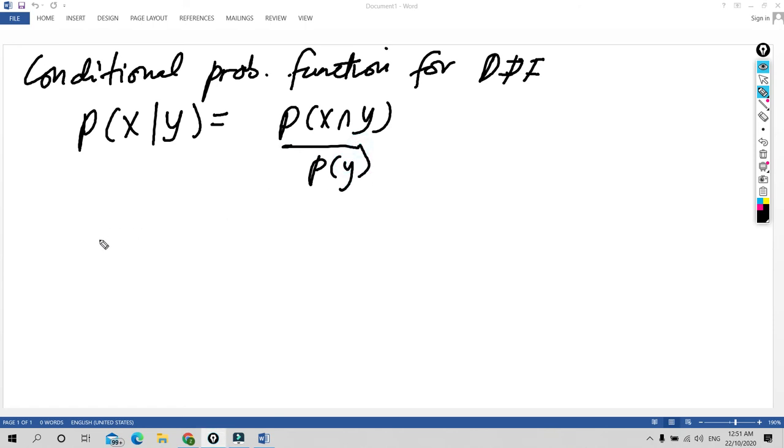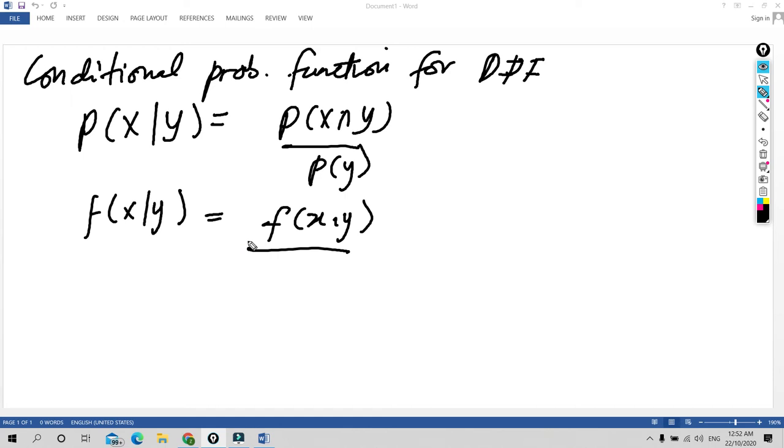In terms of conditional probability involving two variables, you can put it as f(x,y), the joint probability function, divided by the marginal of y, f sub 2 of y. The same thing here.